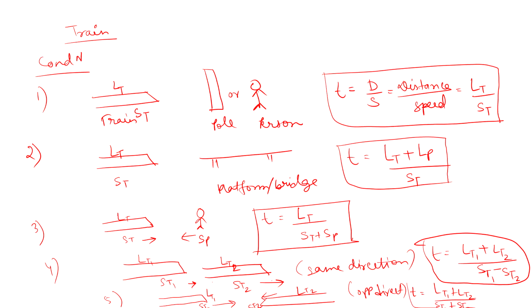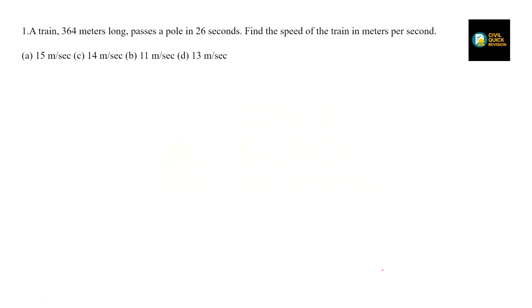Just write it down. Depending on whether both trains are in the same direction or in opposite directions, the respective formula is applied. Now coming to the questions, we have to practice some of them.